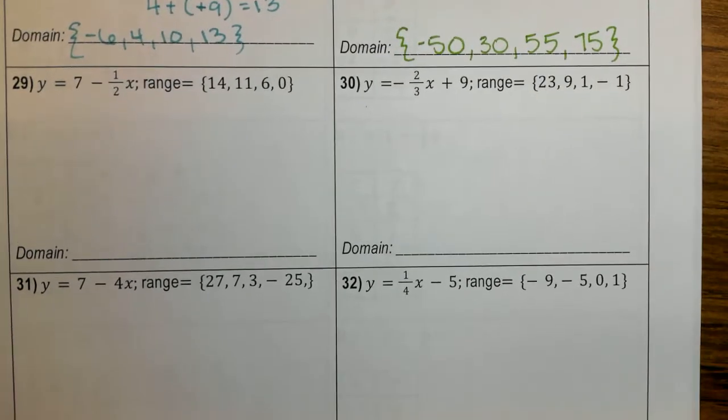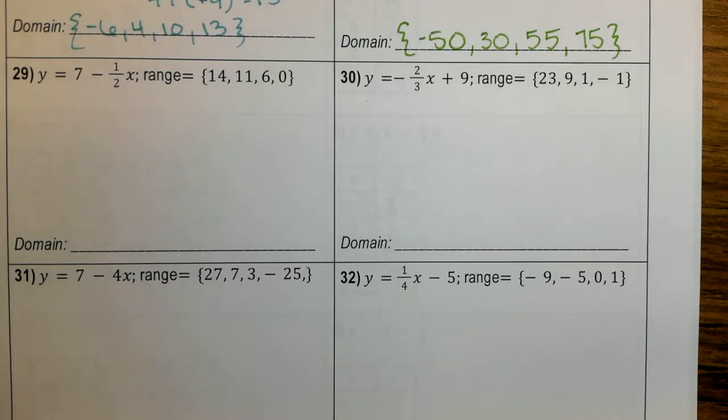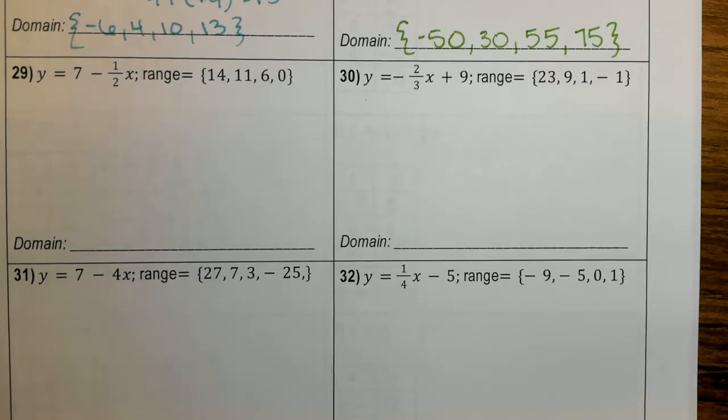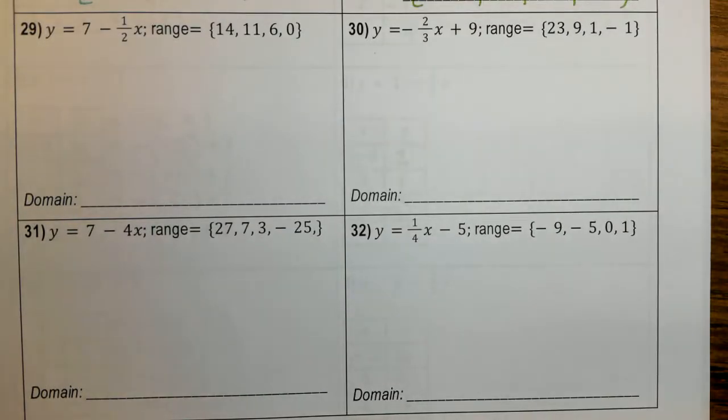Okay, 29 has a fraction also. So I'm going to use the calculator. How about this? I'll do the last one by hand. Oh, it's blurry. I'll do number 32 by hand, even though there's a fraction.